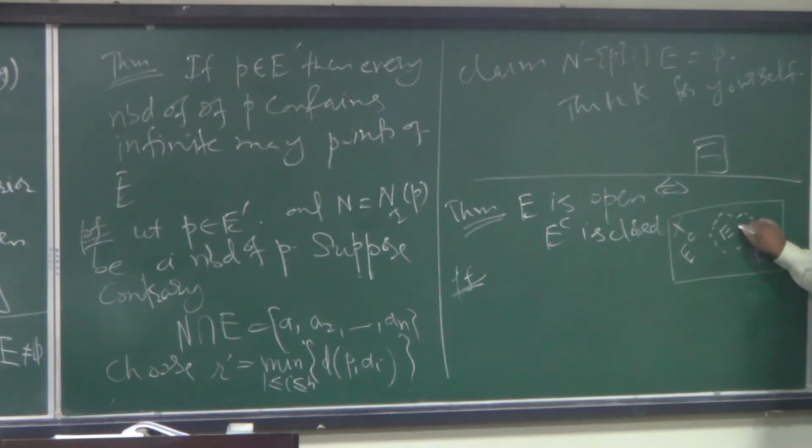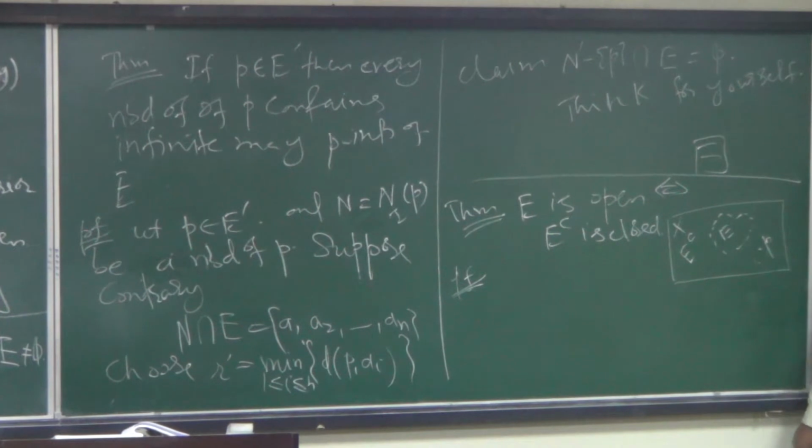If it is away, that's troublemaking, because the neighborhood of a limit point of E complement should intersect with E complement. If you draw a ball in E and it intersects with E complement, that would be a miracle, because you found points which are in E and outside E as well. So it could be here.